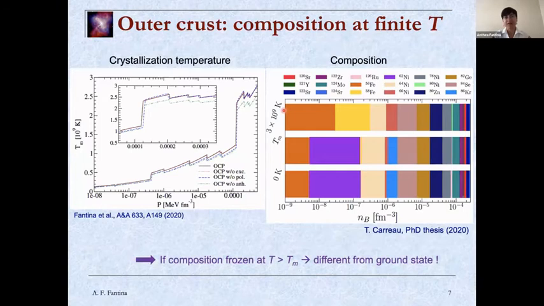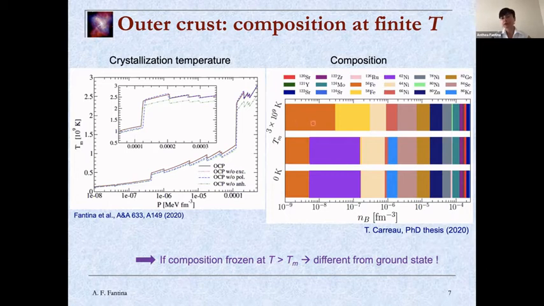This is for the outer crust, where the crystallization temperature is lower. You see here a few hundred keV along the crust, and we see here the composition. At the crystallization temperature, the composition is indeed not very different from the zero temperature one.